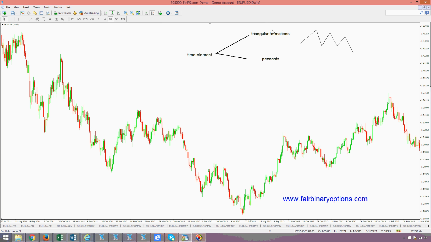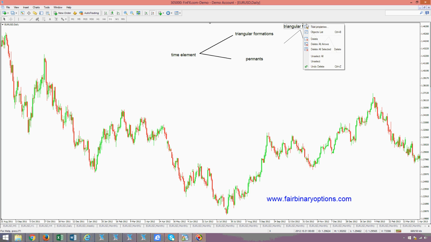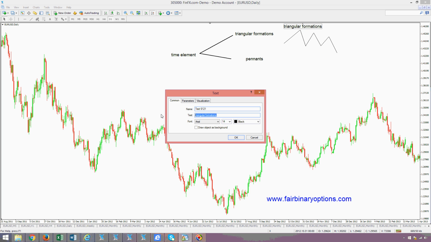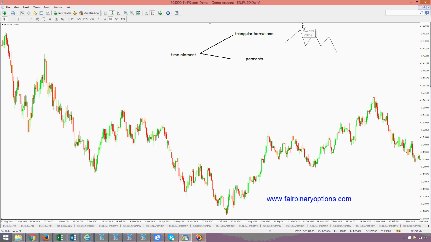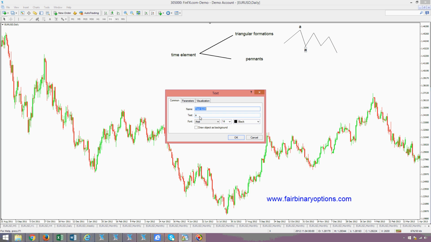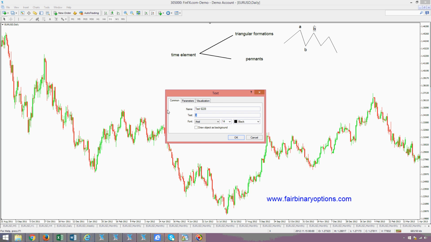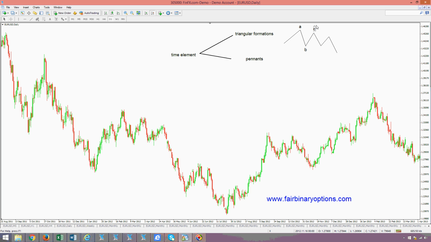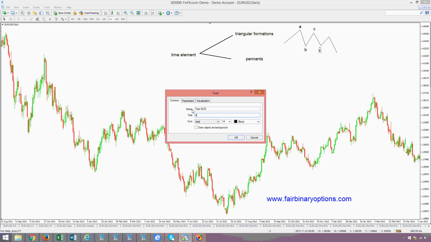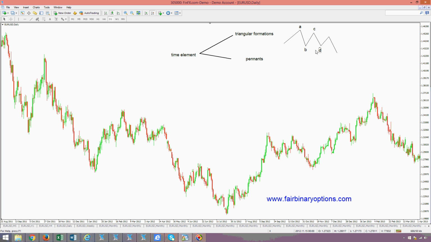So, in Elliott wave theory, it should be labeled like the following. This is wave A, this is the B wave, this is the C wave, this is the D wave, and this is the E wave.